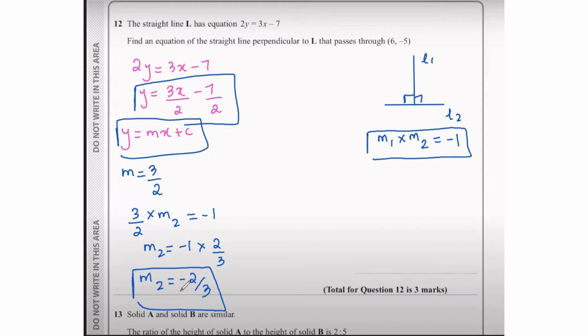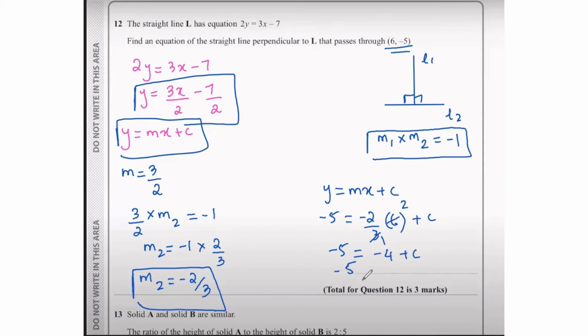So we have the gradient of the perpendicular line. They've given us the point. So let's use y equals to mx plus c again. Y is negative 5, m is negative 2 by 3, and x is 6 plus c. 3 ones are 3, 3 twos are 6. Negative 5 equals to negative 4 plus c.